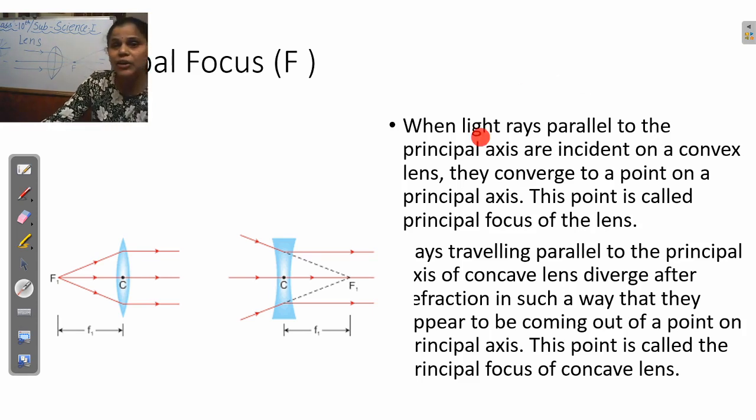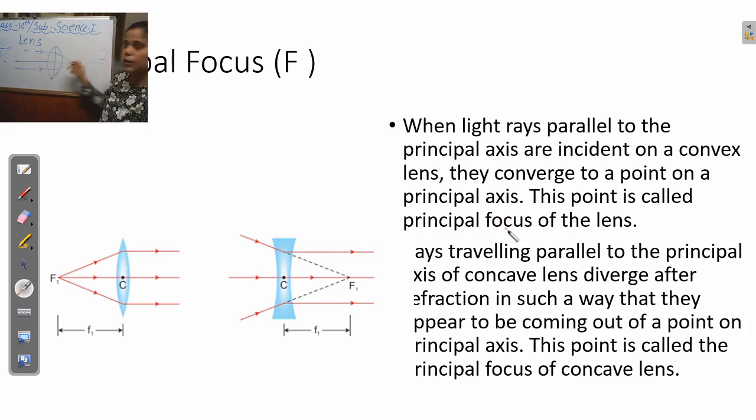So when light rays parallel to the principal axis are incident on a convex lens, they converge on a point.